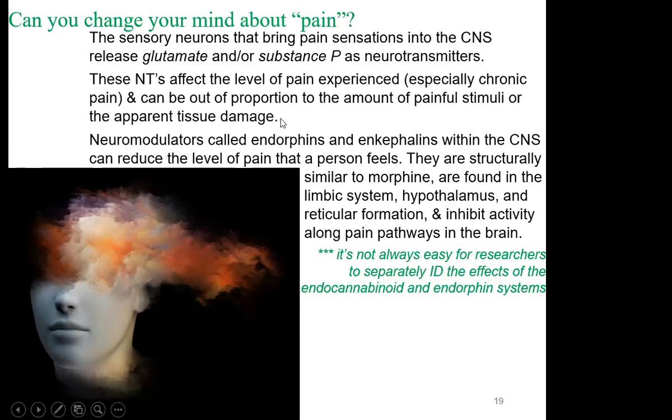What this means is there are people out there who say that they are in pain all the time, when in reality, the amount of stimuli that should be causing the pain and or the amount of damage to the tissue that we expect to see with somebody who says, I have a 10 out of 10, is absent.